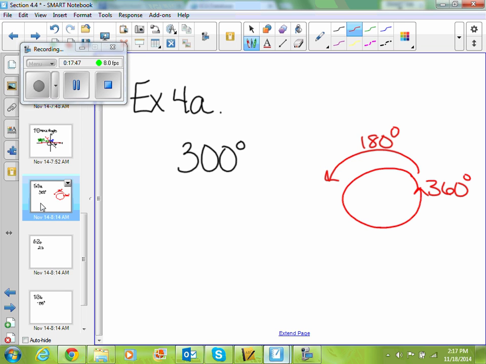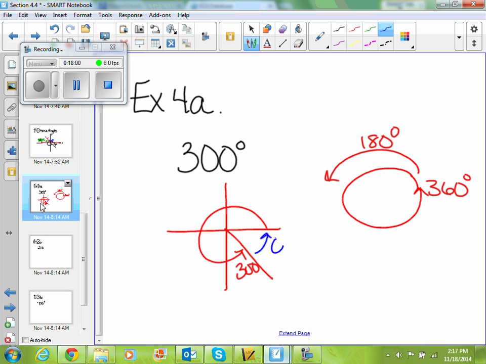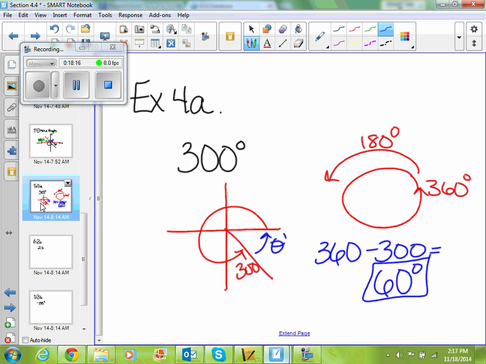An angle of 300 is going to be somewhere right here, because it's mostly around my circle. So I need to figure out what my reference angle is to make it 360. I take 360 minus 300, which gives me 60 degrees. So for 300, my reference angle is 60 degrees.